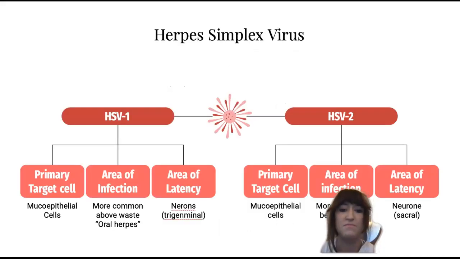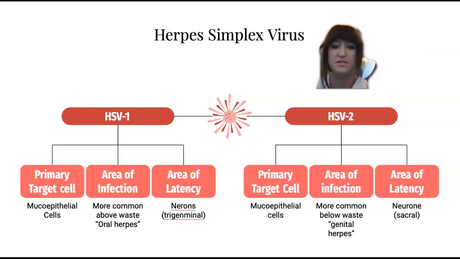Again, HSV1 and HSV2 are what we'll be focusing on. These 2 viruses only share about 50% of DNA homology. However, they share a lot of the same characteristics. For example, the primary target cells they infect are the mucoepithelial cells, and their area of latency is in the neurons. However, where they infect is different. Usually HSV1 is associated with infection above the waist and is referred to as oral herpes, and HSV2 more commonly infects below the waist and is referred to as genital herpes.